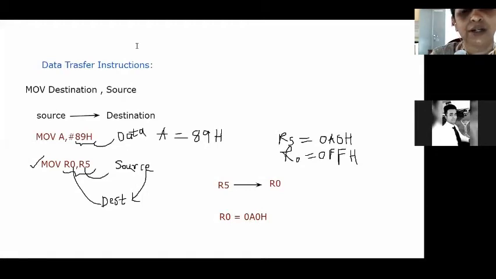Similarly, your register R5 is also having the value 0A0H. Already you have this value in R5 earlier, and data from R5 is transferred to R0. R0 earlier had 0FF in it, but these 0FF contents are replaced by 0A0H. So in this way, this particular instruction works.